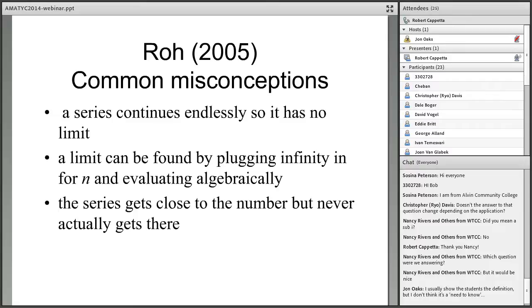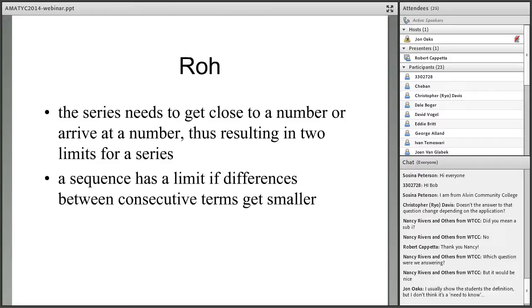And then the other thing she says is the series gets close to the number but never actually gets there, which again, to me, seems like a reasonable idea. But if you look at the notion of actual infinity, we have a different perception in mathematics. Rose also says the series needs to get close to a number if the differences between the consecutive terms get smaller. So these are the concept images.